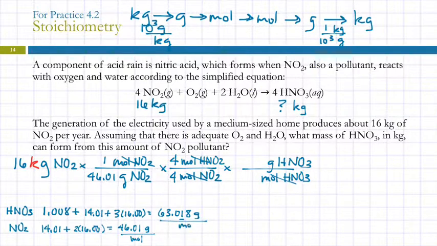Grams over moles. That's for the HNO3. So in my last term, 63.018 grams of nitric acid is equal to 1 mole of nitric acid.